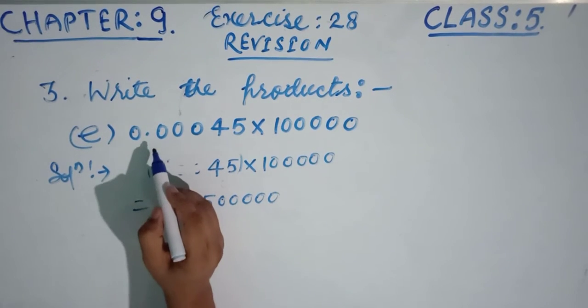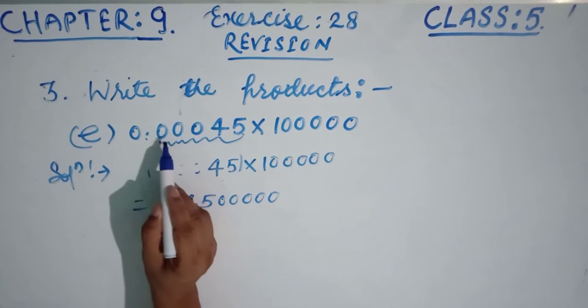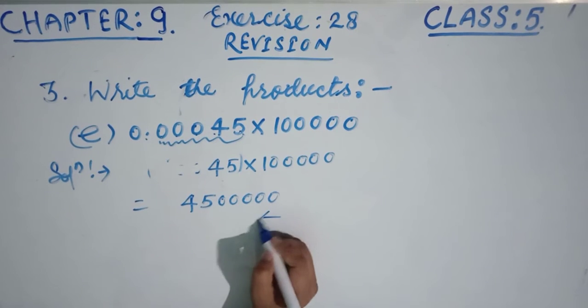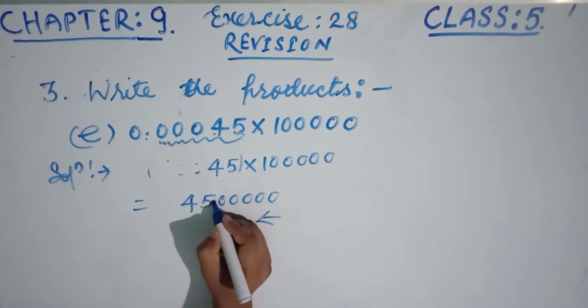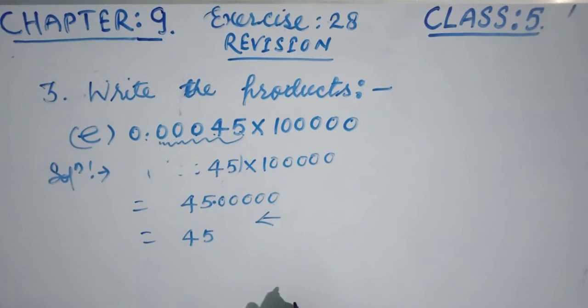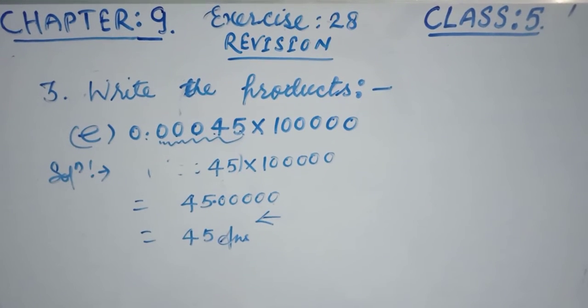Now count, friends, the number of digits after the decimal: 1 2 3 4 5, so 5 digits. Now count from the right-hand side 5 digits, 1 2 3 4 5, friends. So finally we got the answer as 45. I hope you will understand.